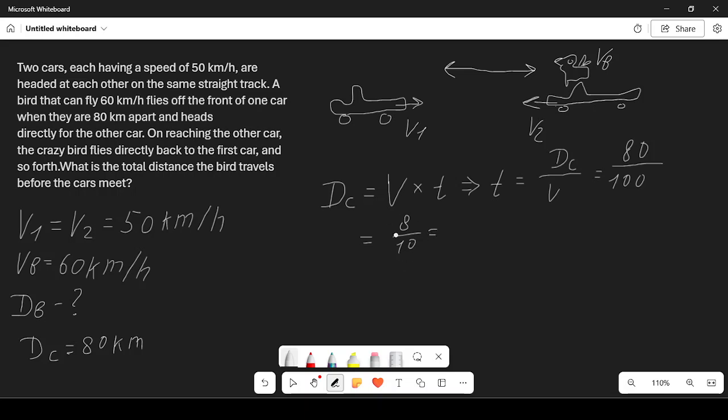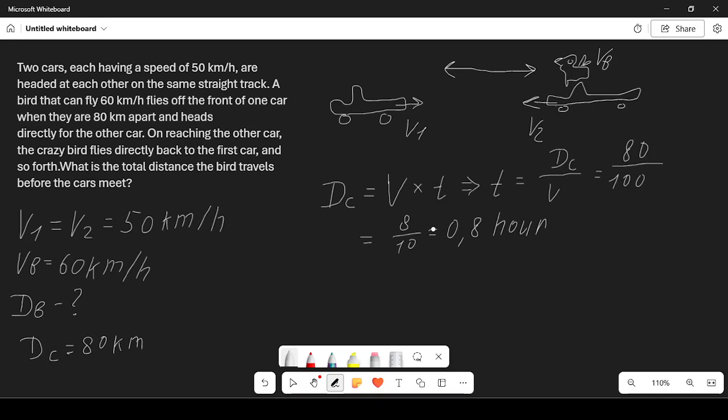So it's a simple ratio. Let's present it as a decimal. It's 0.8 hour.